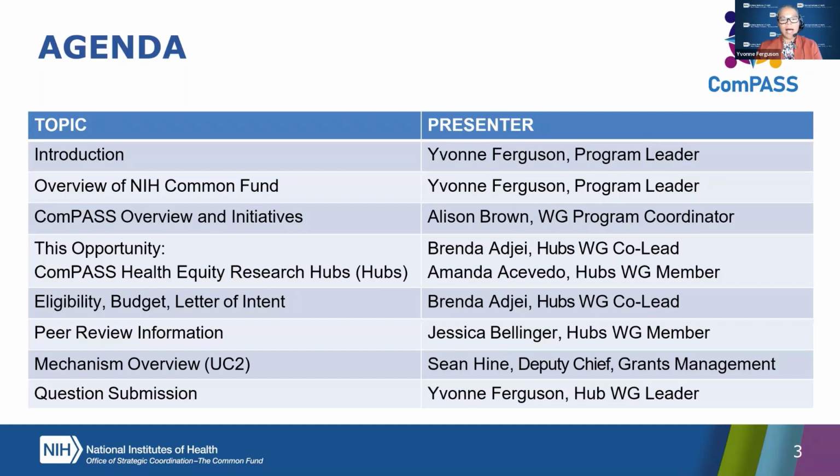We will discuss how the applications will be reviewed, discuss the eligibility criteria, the budget, and the letter of intent. We'll then talk a little bit about the UC2 mechanism, and we'll end with an opportunity for questions and answers. It is our hope that at the conclusion of today's webinar, you will have enough information to prepare your application for submission.